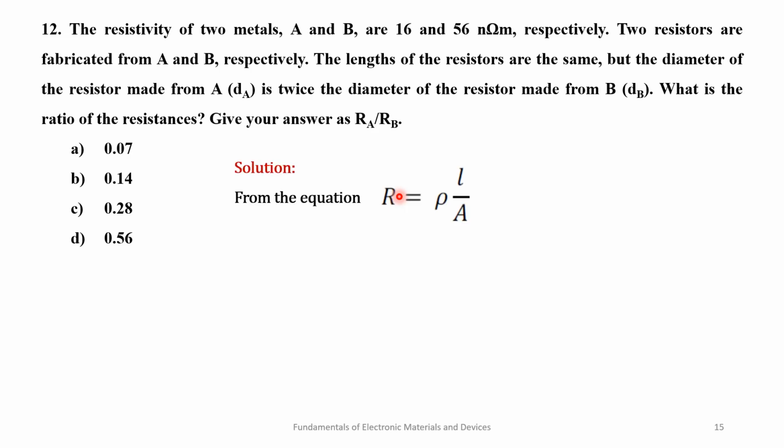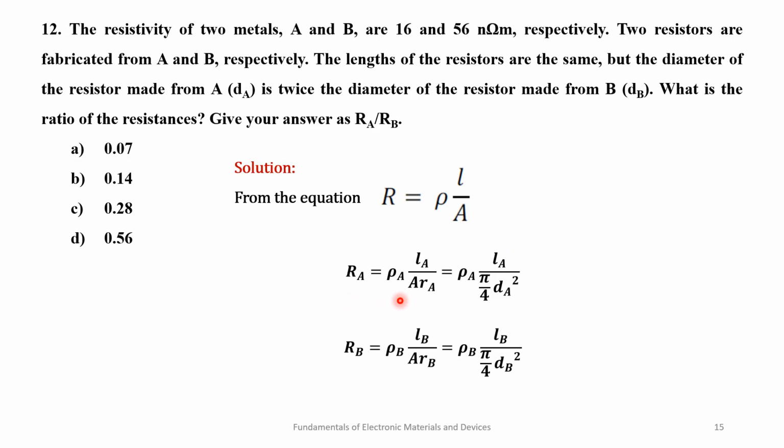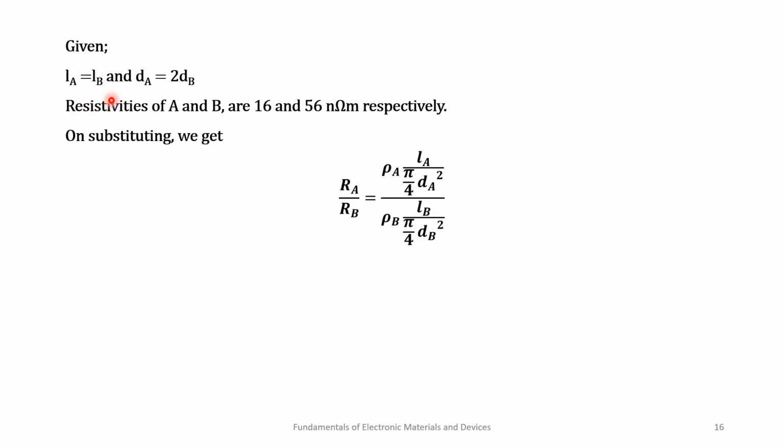Yeah. So R is equal to rho into L by A, and RA will be rho A, LA by area A. Instead of the area, we'll be substituting pi by 4 d square. So we have something of dA square and dB square. We write two separate equations, and the lengths of both are the same, it is given. Then diameter of A is twice the diameter of B, and resistivities are given as 16 and 56 respectively.